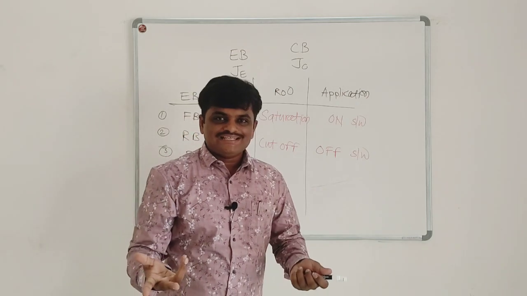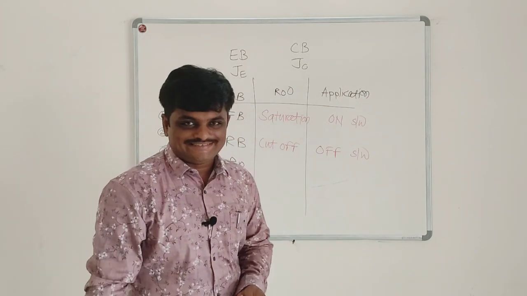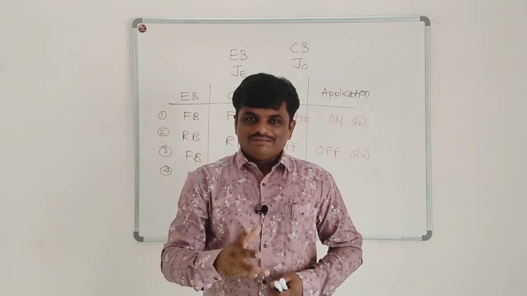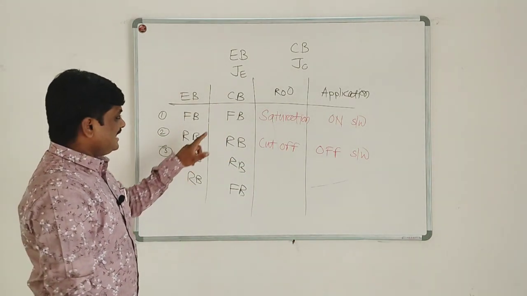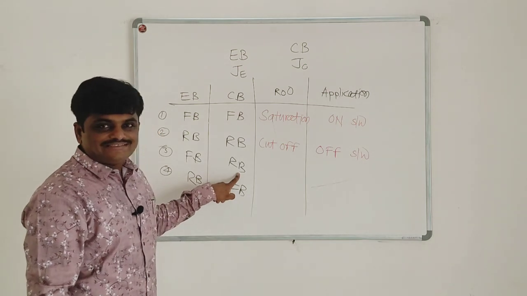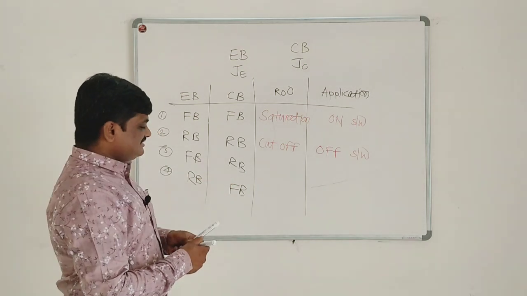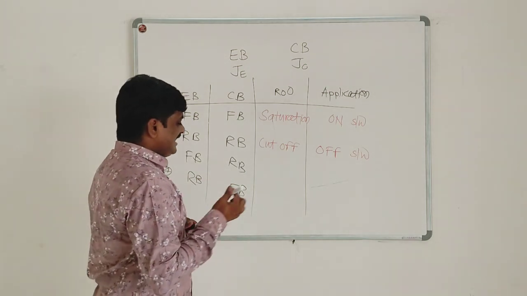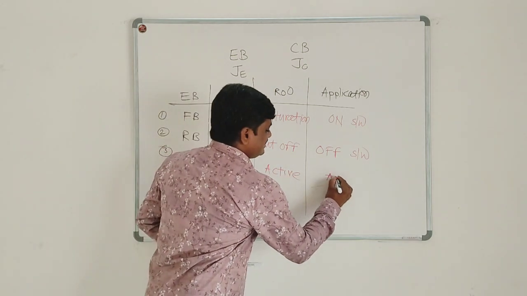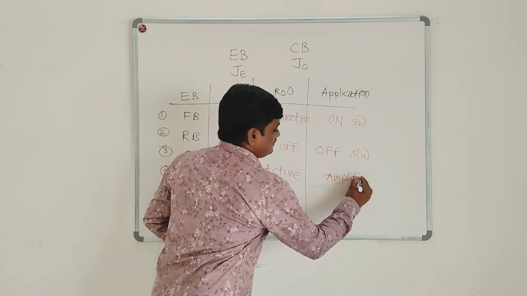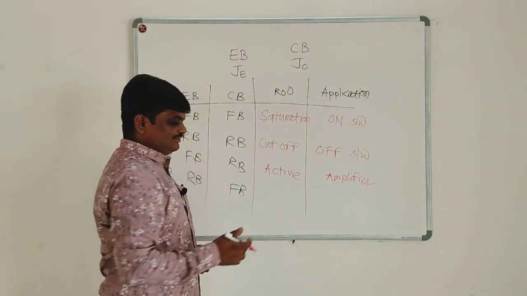Now the confusion is in the remaining two cases. So how to remember? If emitter base junction is forward bias and collector base junction is reverse bias, then this region of operation is active region. And in active region, the transistor acts as an amplifier. This is a very important application of transistor.